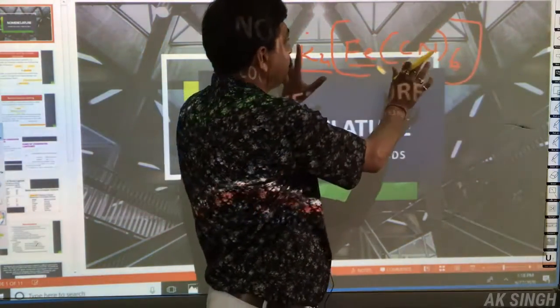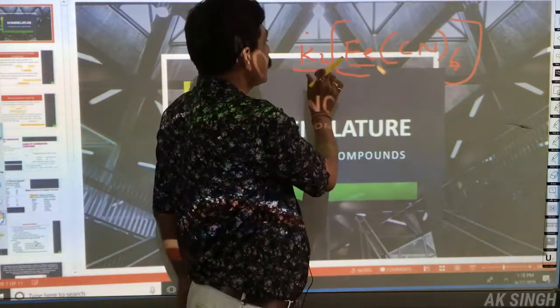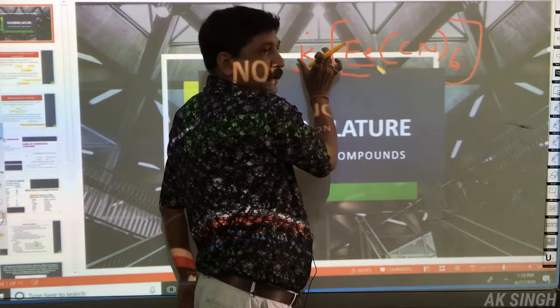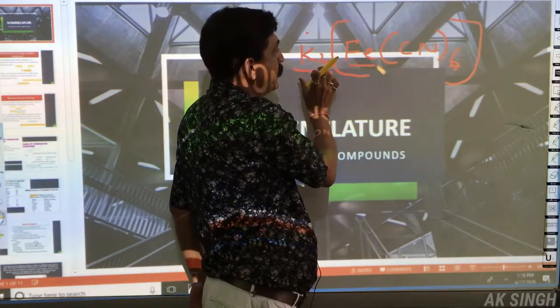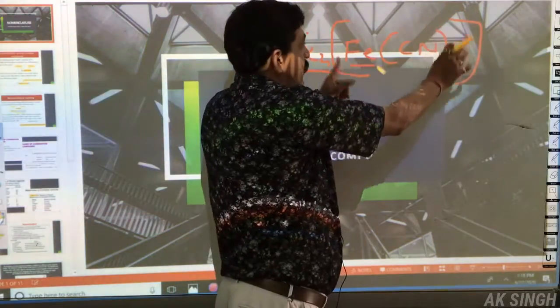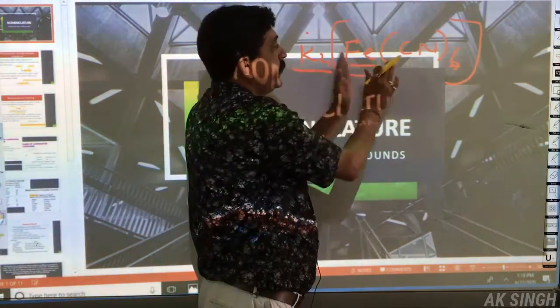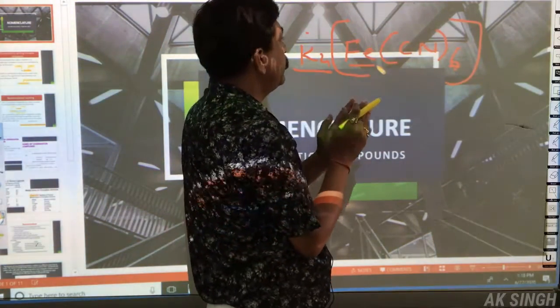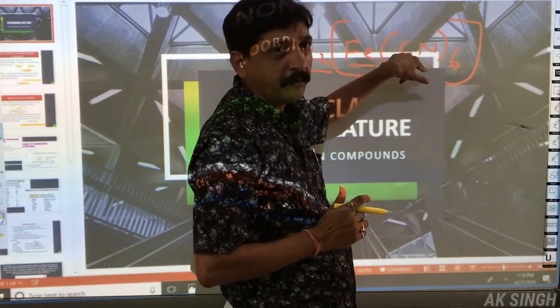So for nomenclating this compound, we need the name of the positive ion first of all, then come to this bigger bracket, that is the coordination sphere. Here, what do we have to follow? We have to name the ligands first of all.